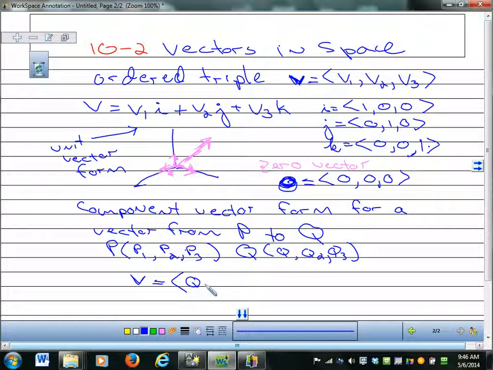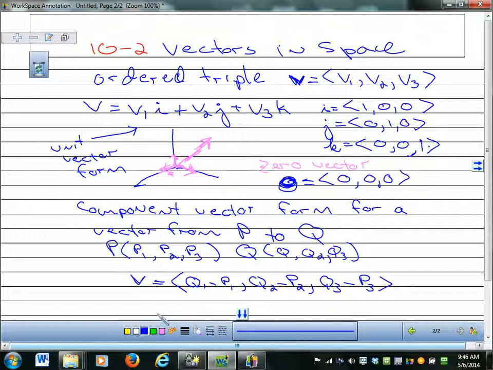So we get Q1 minus P1, comma, Q2 minus P2, comma, Q3 minus P3. Okay, so that's called the component form of a vector.